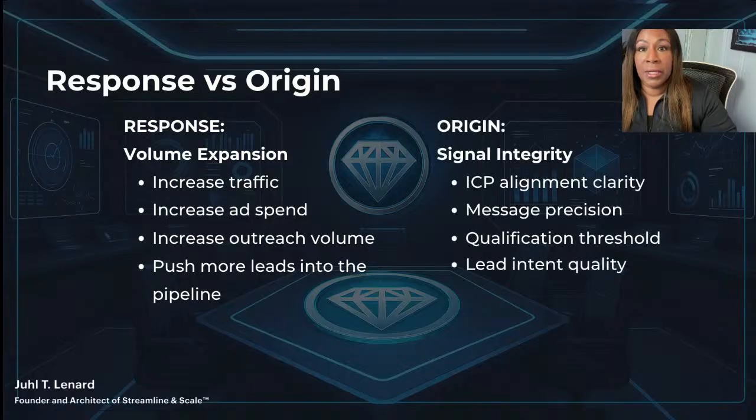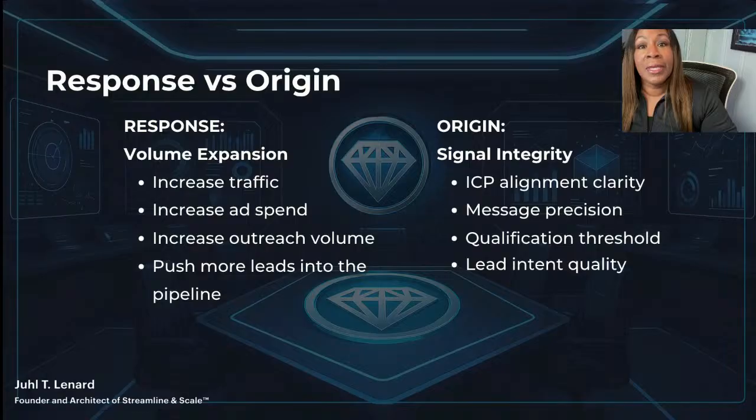the origin of the constraint, the thing that's distorting movement within your revenue system, is actually signal integrity. Okay? The ICP alignment is not clear. The message is not precise. The qualification threshold is not there.